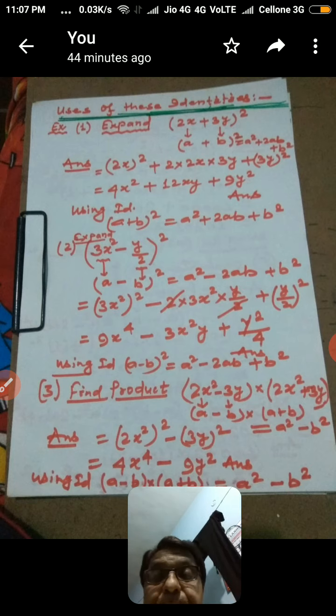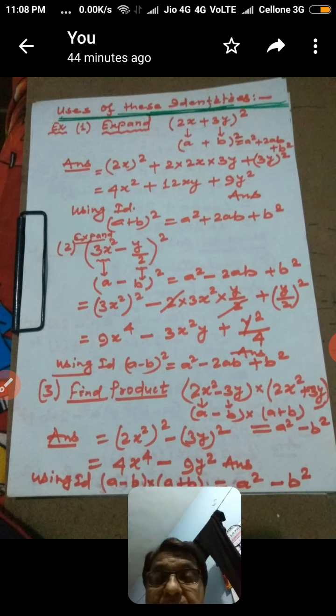So treat what is your a and what is your b, then it will be (2x square) whole square, because our a is 2x square, so its whole square, then it is a square minus b square. b is 3y, so minus under bracket (3y) whole square. On simplifying, we get 4x to the power 4 minus 9y square.